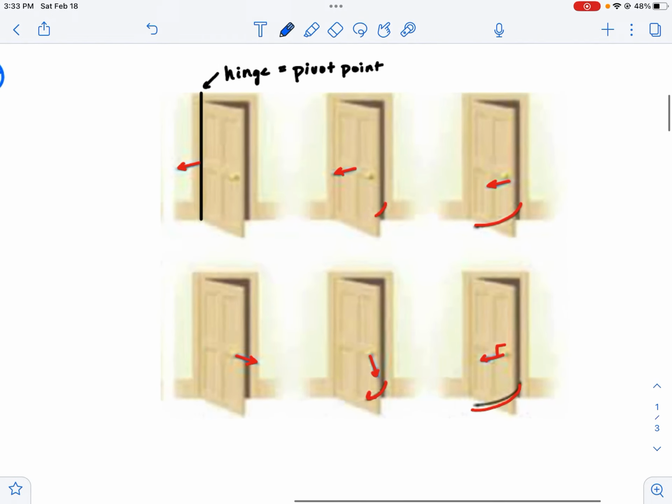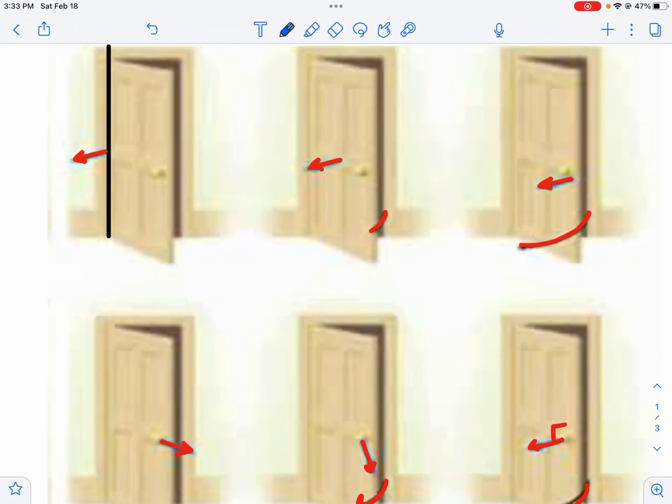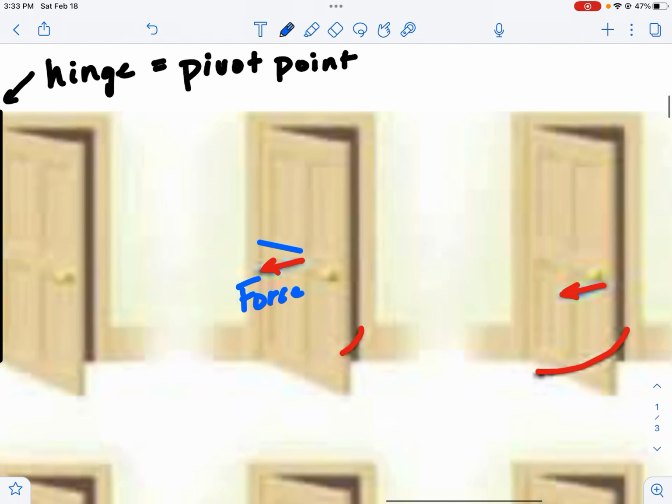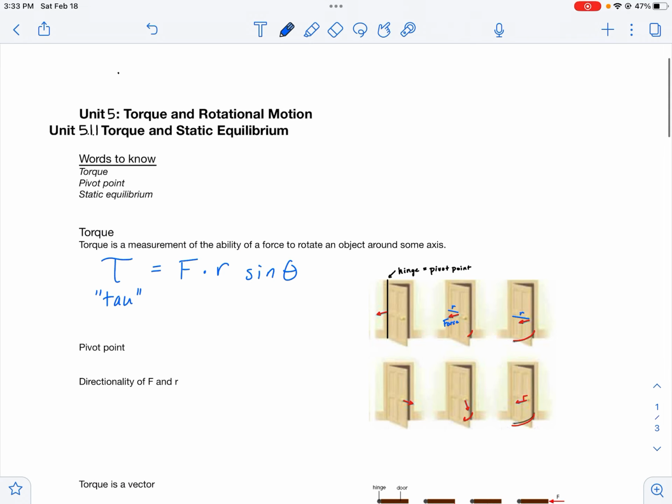Going back to these examples, the red arrows represent the force, and the lever arm is the distance between the hinge and that force. So that distance there is R. That distance there is R. The torque is maximized at 90 degrees, and just a reminder that the sine of 90 degrees is 1. So that's what we would need to do to maximize the torque.